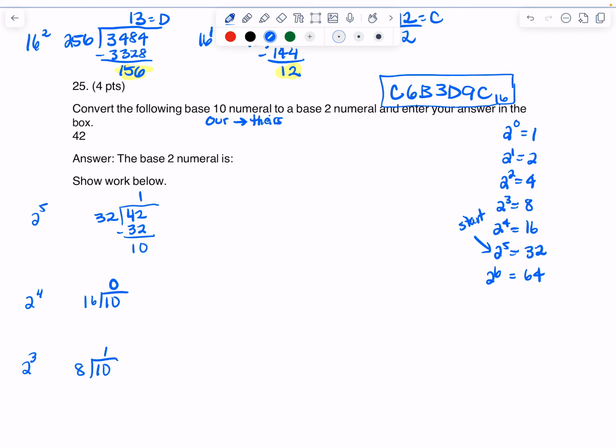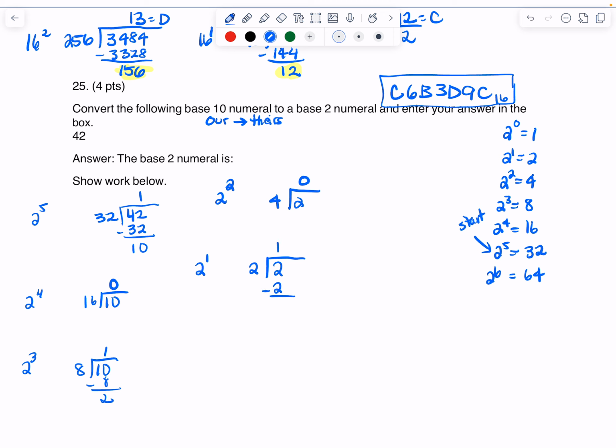Okay, so 1 times 8 is 8. I get the remainder of 2. Okay, so I'm going to take that remainder of 2, dip it down to the next base system down, which is 2 to the second, which is 4. That 4 does not go into 2 evenly, so I'm going to put a 0 there. Okay, I'm going to take that remainder of 2, drop it down to the next base system down, which is 2 to the first, which is 2. 2 goes into itself once.